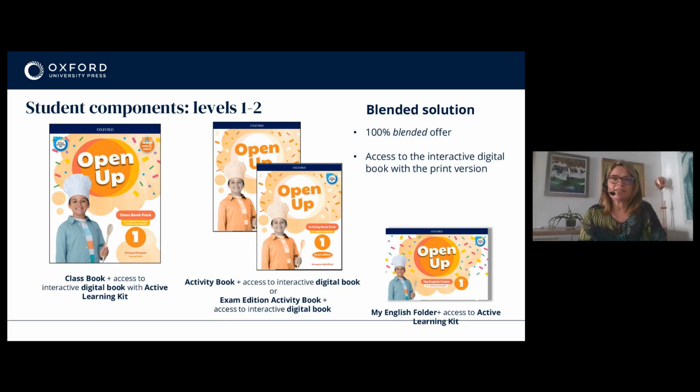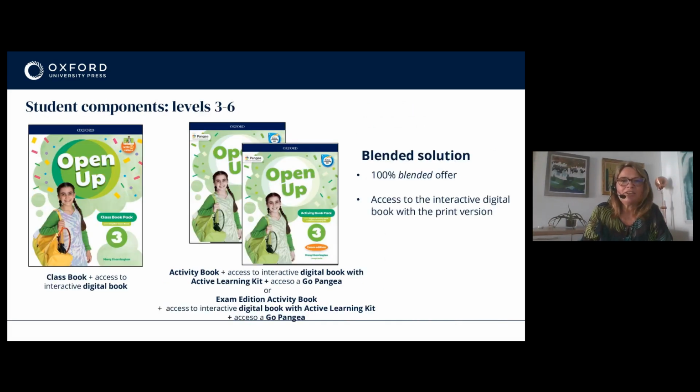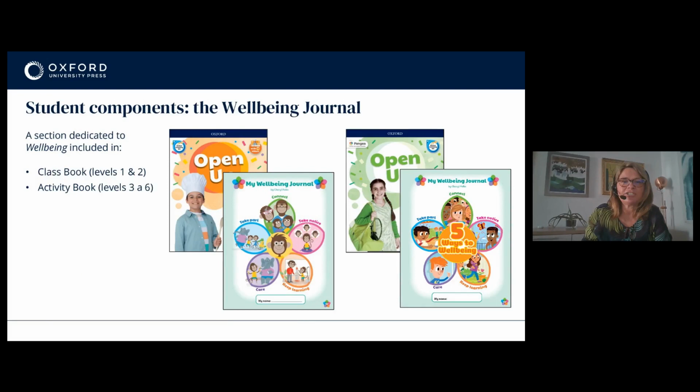So as you can see, there's a fully blended offer and access to the interactive digital book with the print version. For levels 3 to 6, the class book comes with access again to the interactive digital book. Again, we have the 2 versions of the activity book. Both of them give access to the digital version and also access to the active learning kit and Go Pangea.